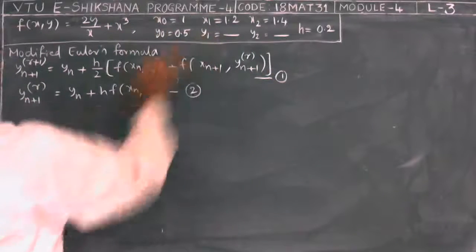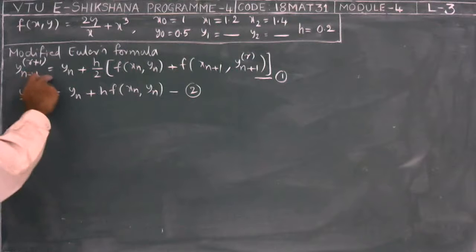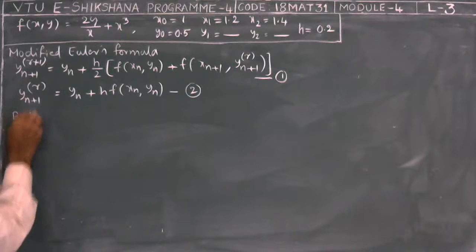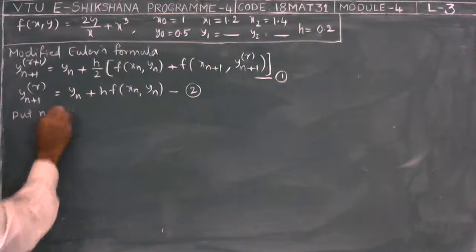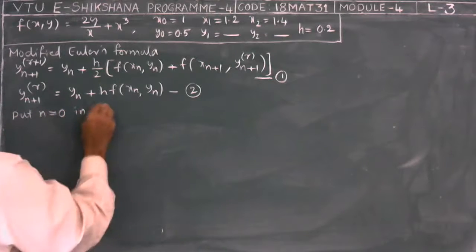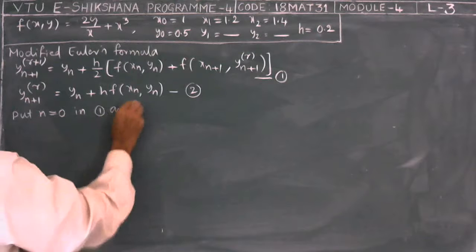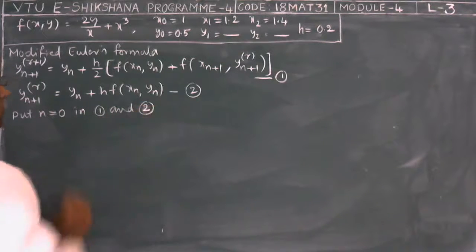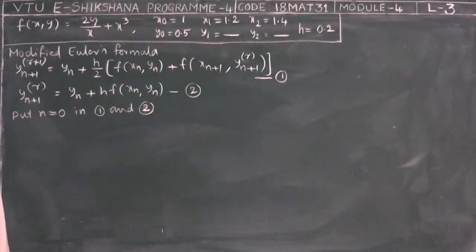Now, to find y1, I have to fix n is equal to 0 in 1 and 2. So put n is equal to 0 in 1 and 2.